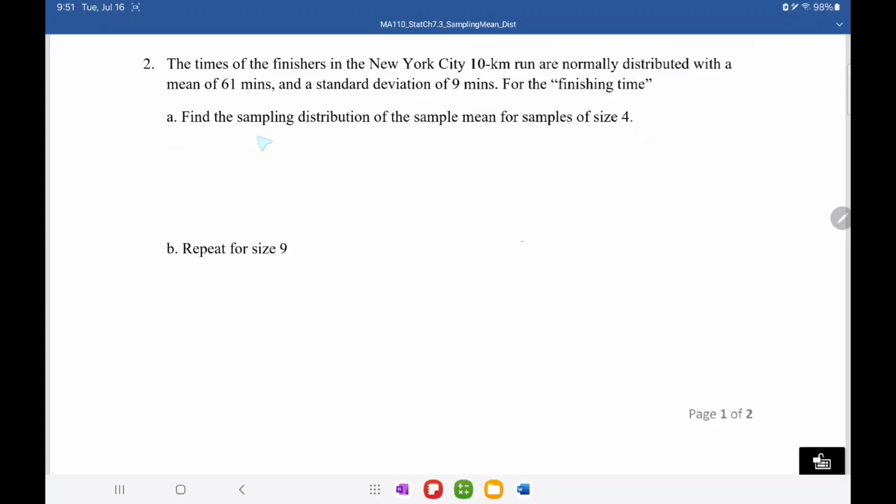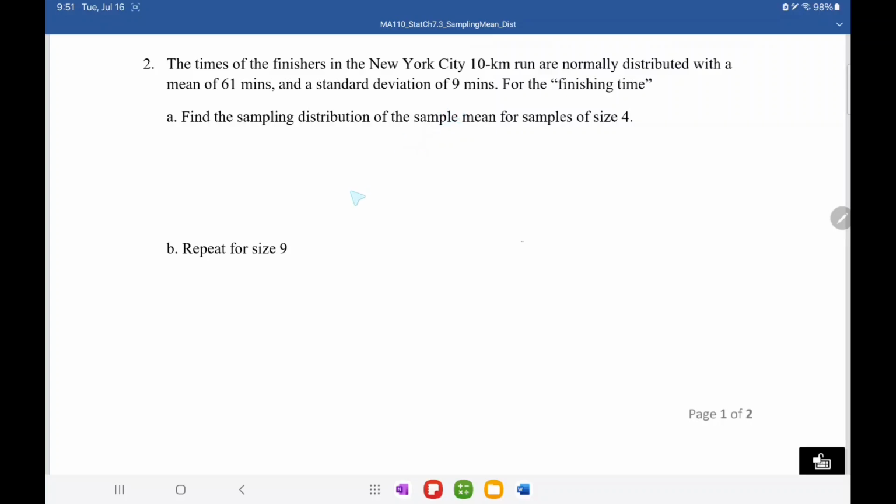So the first question is just asking you to state the sampling distribution relevant to the data given in this problem, with reference to the mean and standard deviation values.